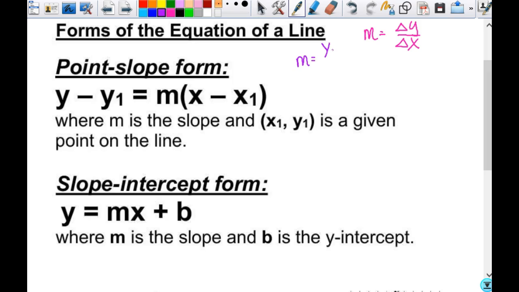Not y squared. No, we're not squaring y. Y sub 2 minus y sub 1, okay, over x sub 2 minus x sub 1. Okay, so this is the version where you can actually see what you're plugging in, which we really don't necessarily need to be able to see that anymore to actually get slope done, but that's what it is, right?